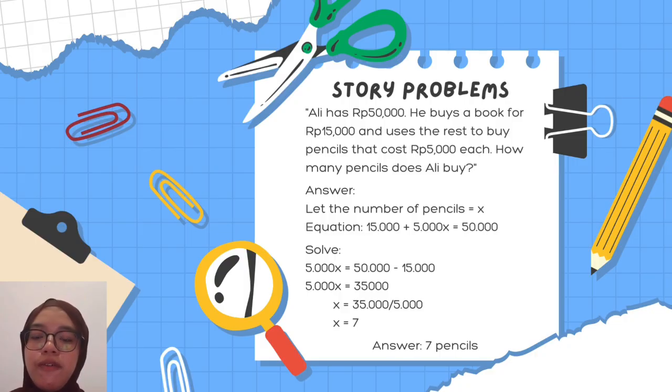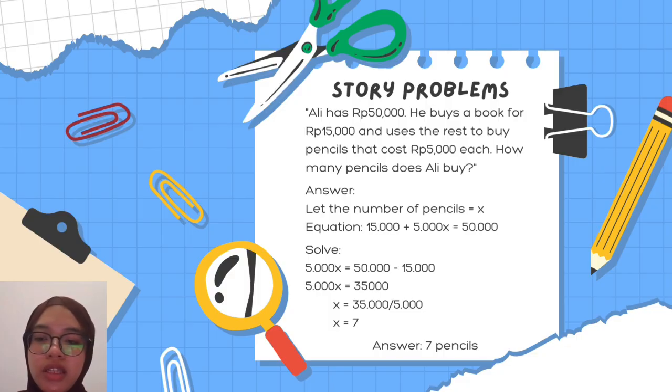Solve: 5,000 x equals 50,000 minus 15,000. 5,000 x equals 35,000, and x equals 35,000 over 5.